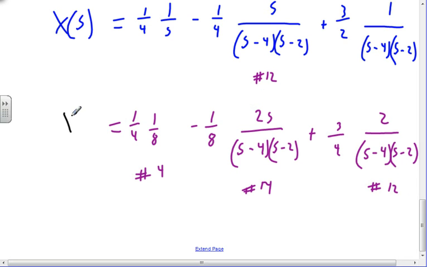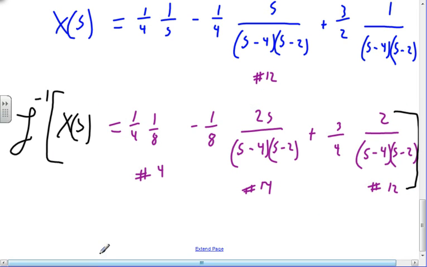Okay, so that's what I'm going to do. This is X of s, so take the inverse Laplace transform of everything I see.